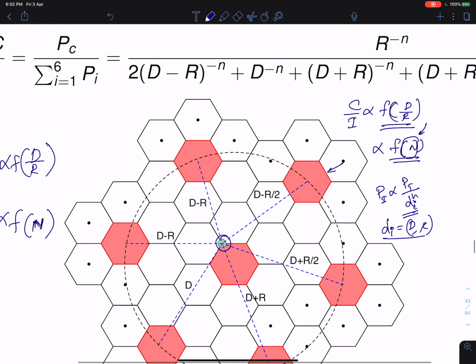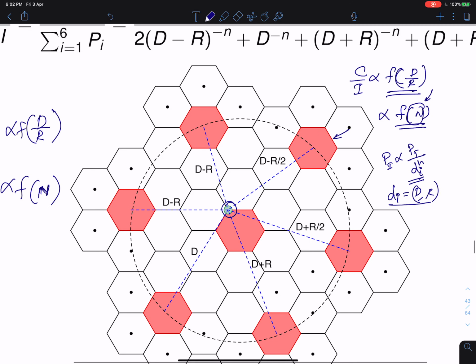Now we have to find the distance from the six tier 1 interferers to the desired mobile radio station. I have assumed this mobile station is at the cell edge, where R is the cell radius. First we will quickly find the distances which are easier to compute. So for example, I will pick this.